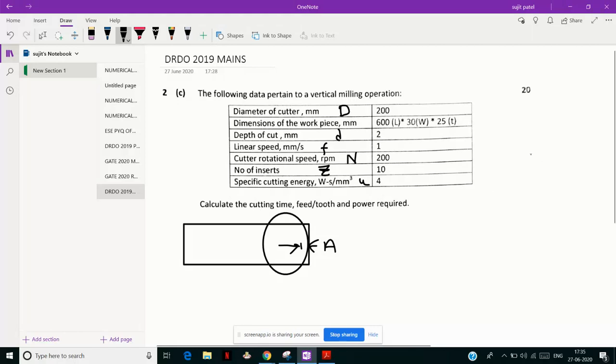So calculate the cutting time, that means machining time, feed per tooth, and power required.